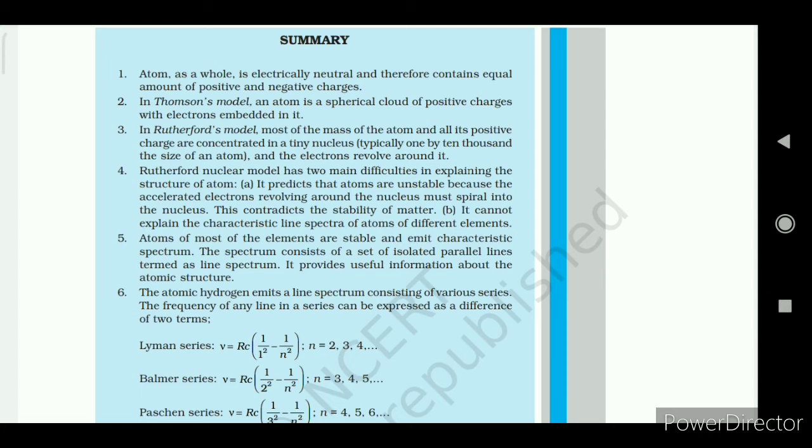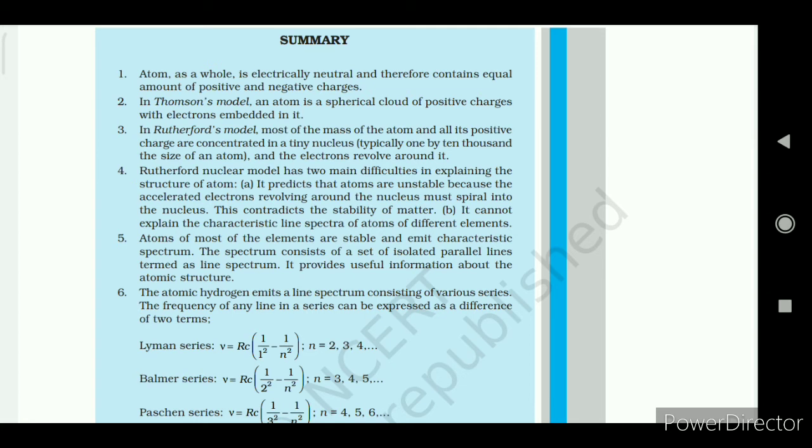Number 7. To explain the line spectra emitted by atoms as well as the stability of atoms, Niels Bohr proposed a model for hydrogenic atoms. He introduced 3 postulates and laid the foundations of quantum mechanics. Number 1. In a hydrogen atom, an electron revolves in certain stable orbits without the emission of radiant energy. Number 2.